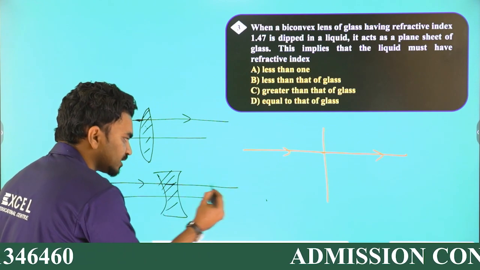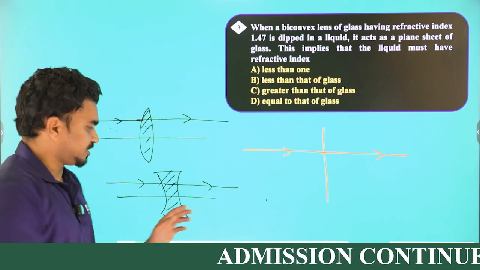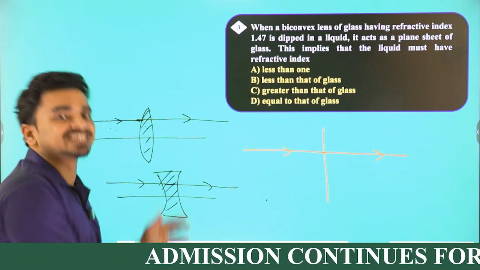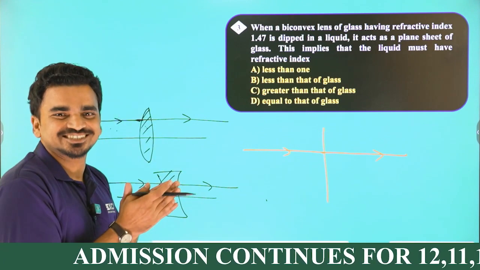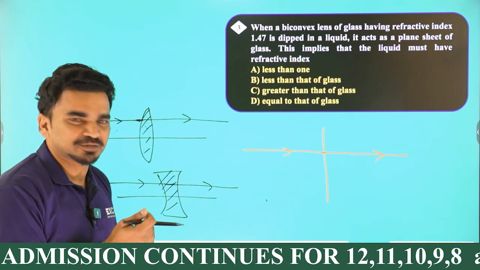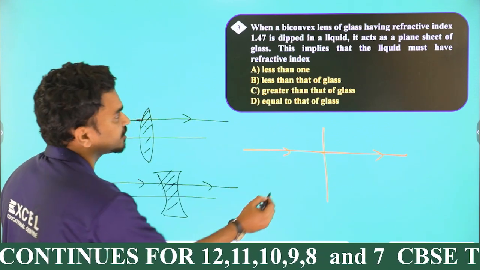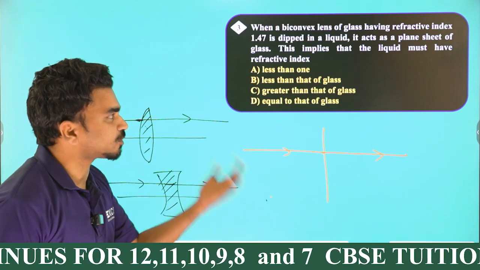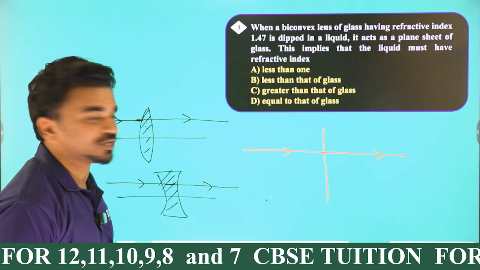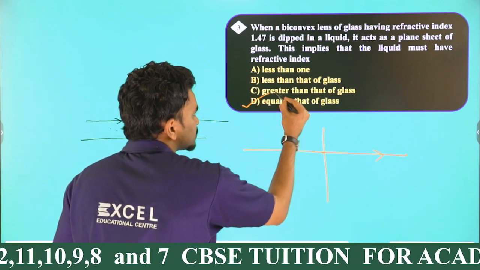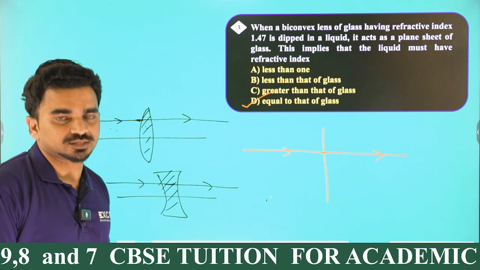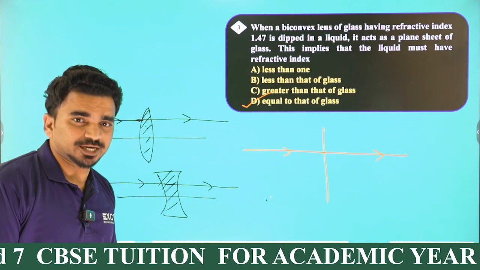It will allow the light to continue in the same line. Now this is not called a lens. This is called a plane sheet. So it's a very important concept. Keep it in your mind. A lens will behave like a plane sheet when the refractive index of the surrounding medium becomes equal to that of the glass. Fine, you got the idea?